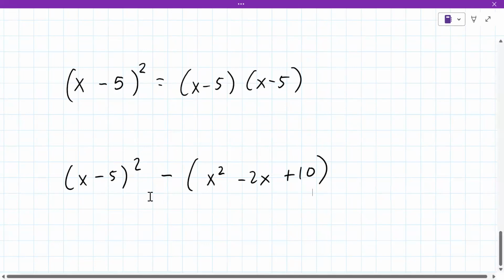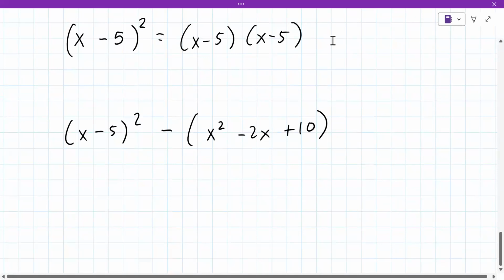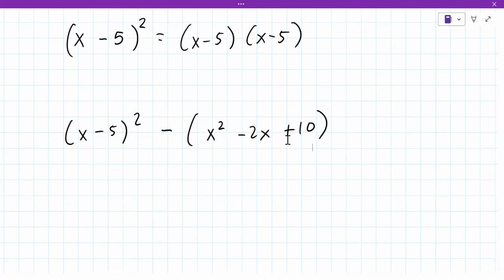Okay, so I'd like you to do one more of these. I want you to FOIL this, distribute the negative, and combine like terms. So it would be x squared minus 10x.